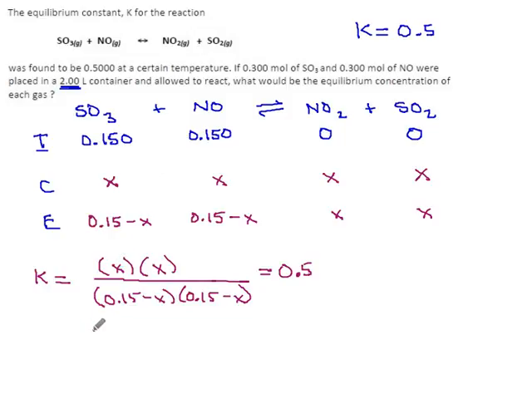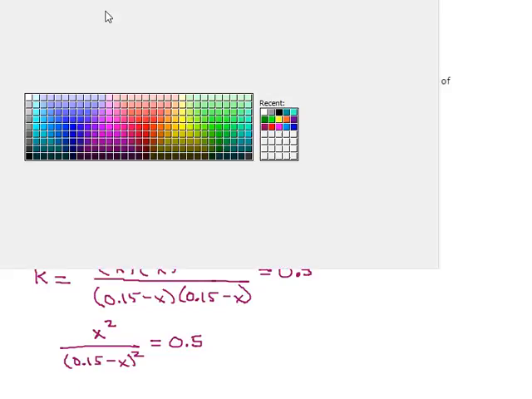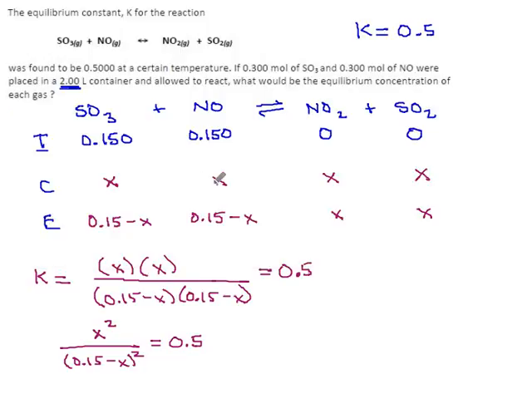X times X, we can just write as X squared. That helps a bit. 0.15 minus X twice, we can write as 0.15 minus X all squared. That's another improvement. And then this comes out to 0.5. Okay, that's maybe slightly better. Both of these things are squared. Is there a way we could get that off there? Say yes. How do you unsquare something? The opposite of squaring something is you square root it.